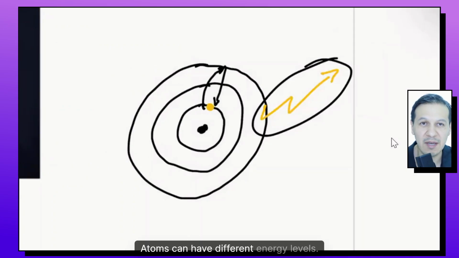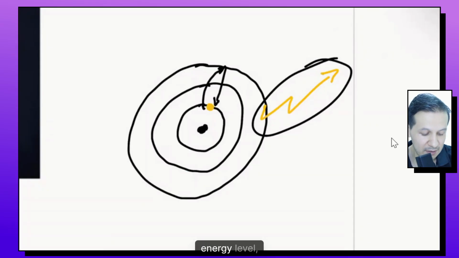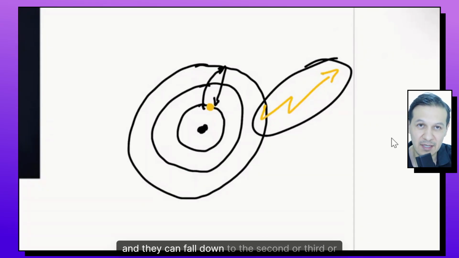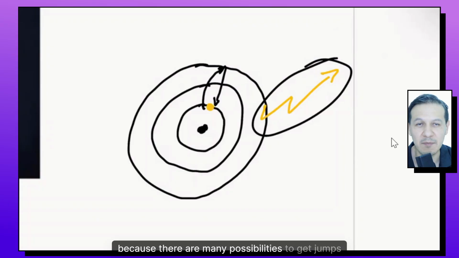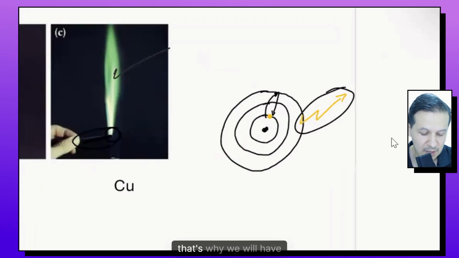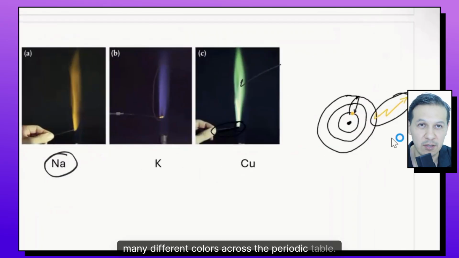Atoms can have different energy levels. They can get excited and jump to a very different energy level, and they can fall down to the second, third, or even first energy level. Because there are many possibilities for jumps and falls of electrons, we will have many different colors across the periodic table.